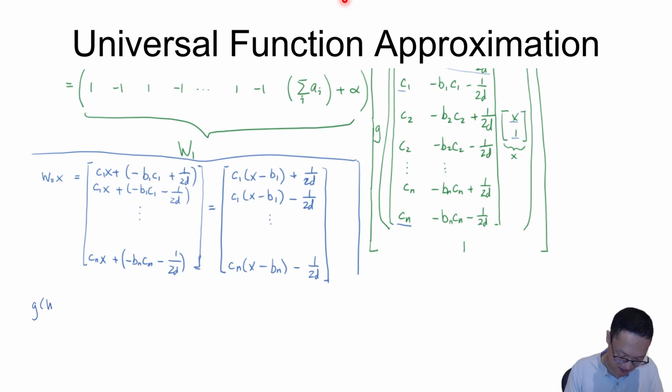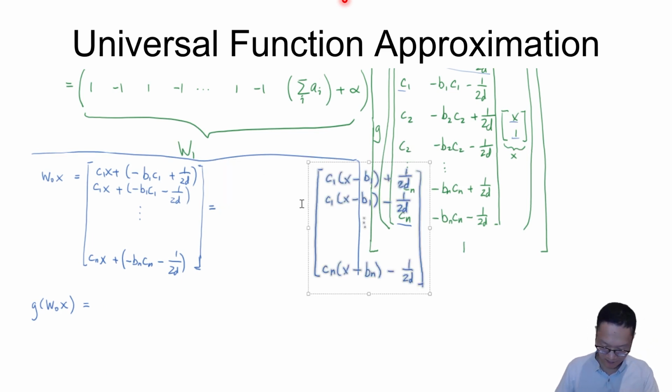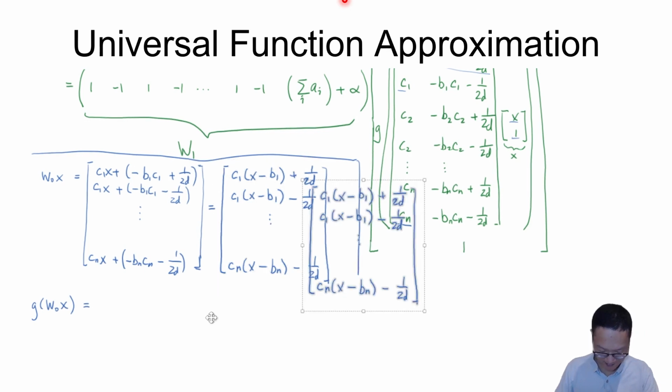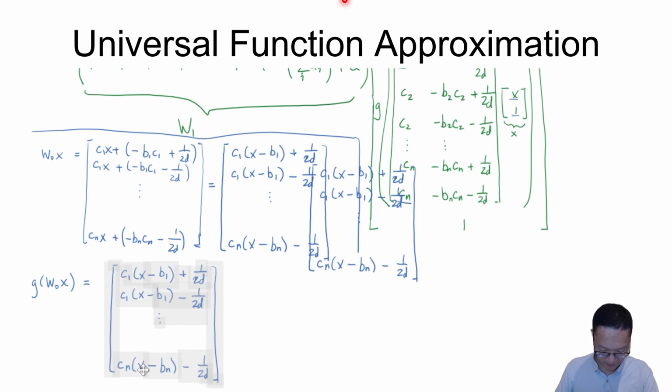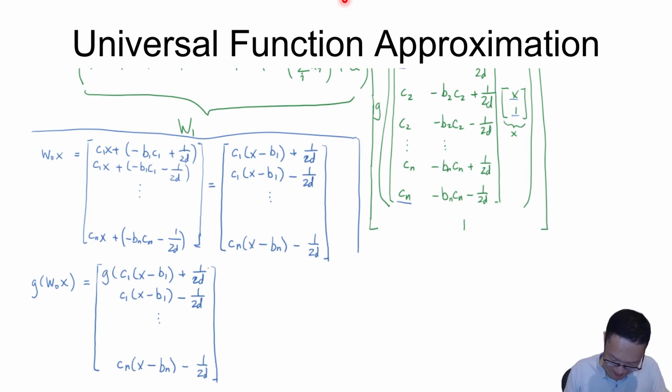So g of W0 x is just applying g to each component, element-wise, so we copy what we had and apply g to each term.